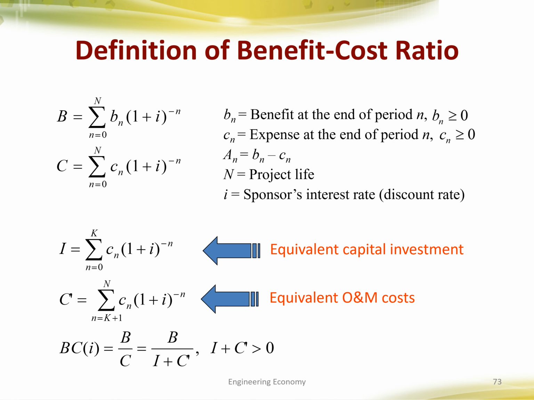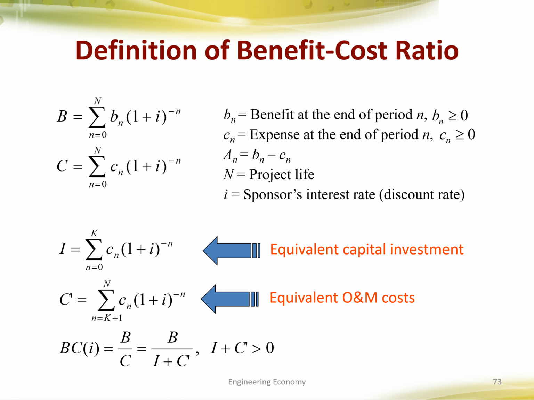You can compare them at the present time. You can compare them in the future time. You can compare them somewhere in between, or even beyond, but that's not that meaningful.